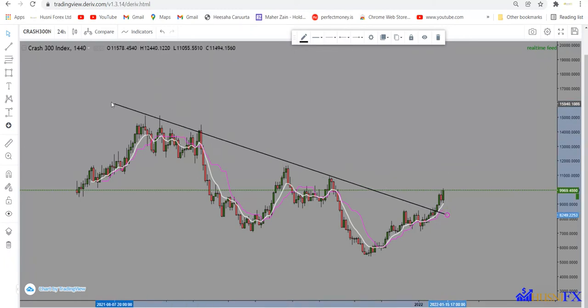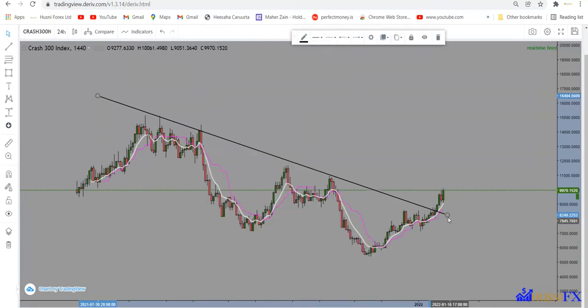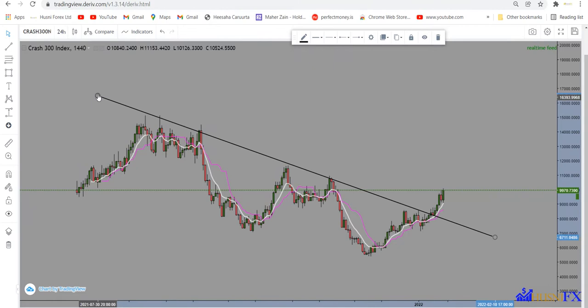So you can see the structure of the market already, and you can see that the price on the daily time frame has already broken up the structure of the market. The market is still going up.